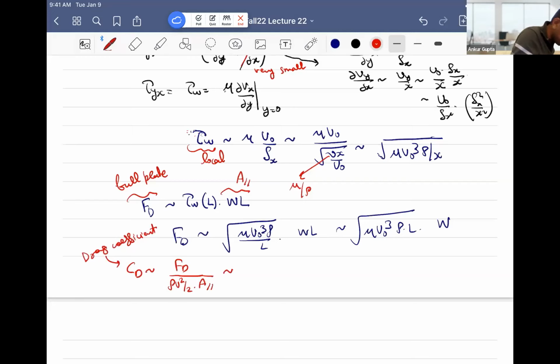I apologize, I have to do this a little faster, but you will get this to be rho U naught L by mu, or 1 by Reynolds number to the power of half. So you can verify this. This is just the ratio of drag force to some sort of inertial scale or kinetic energy times the area parallel. That is the way I have defined the drag coefficient. Okay, and that's what we get.